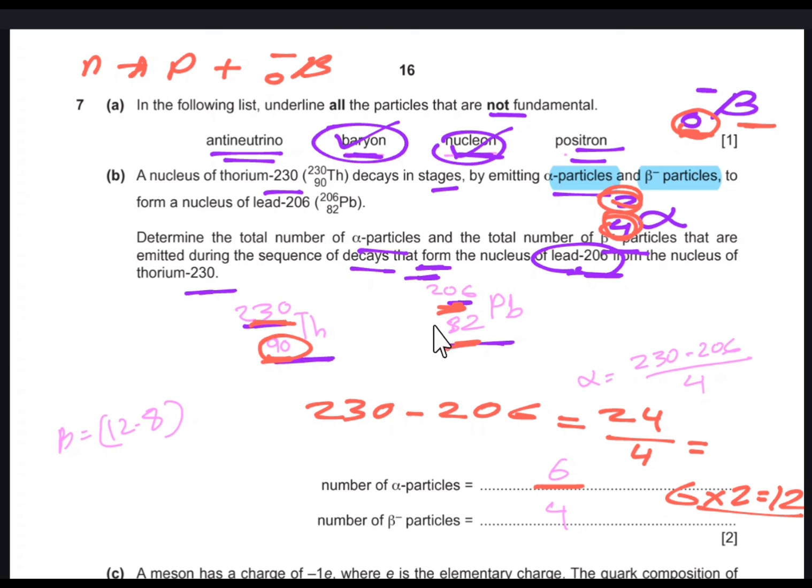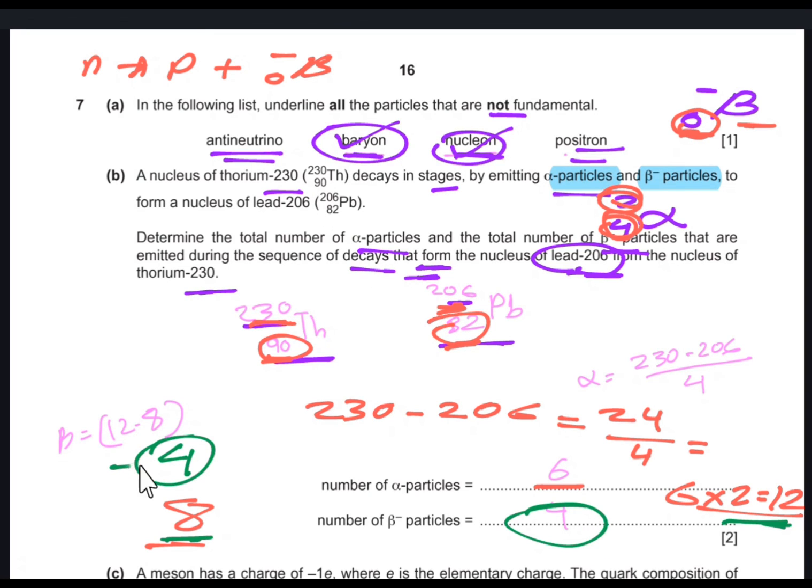But here it is given that only 8 protons decrease. So we should get a value of 12, but we get a value of 8. If we subtract 12 minus 8, we get 4. That means 4 beta particles are emitted, and due to these 4 beta particles, the proton number increases by 4 since a neutron is converted to a proton and a beta minus particle.